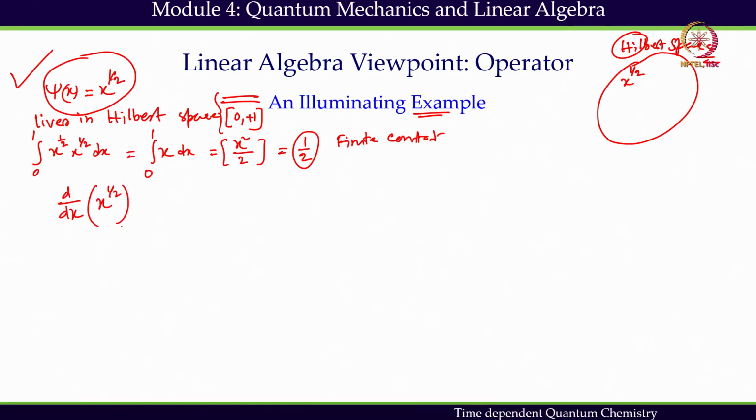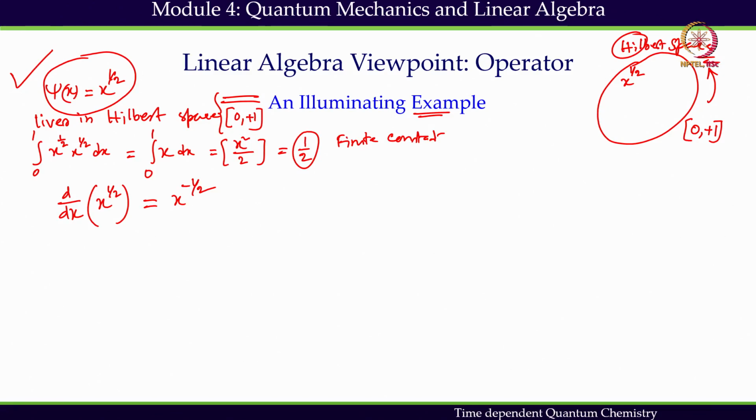Immediately I will get x to the power minus half, and the limit, to define this Hilbert space, is 0 to plus 1. That is the defining condition for this particular Hilbert space, not for all Hilbert spaces. I can define another Hilbert space for a different limit.